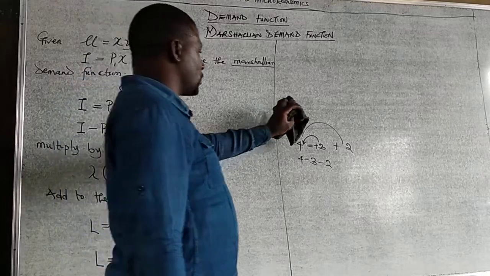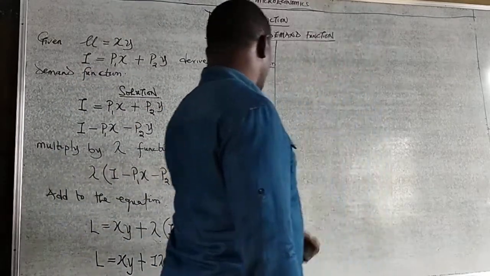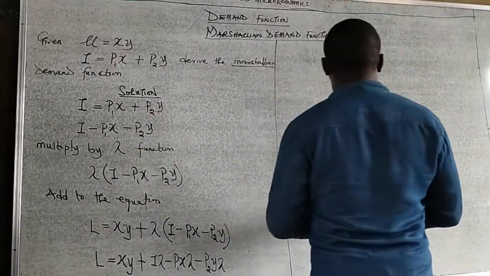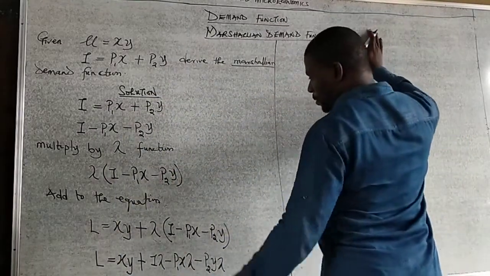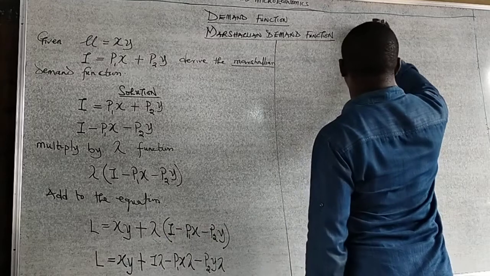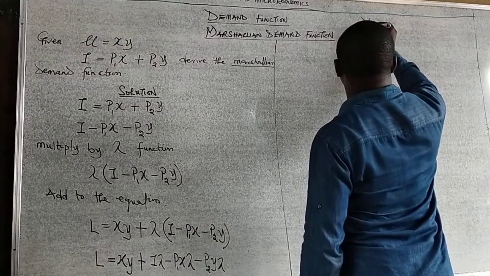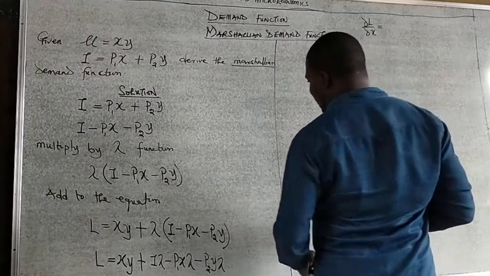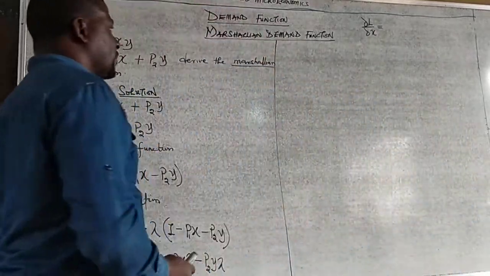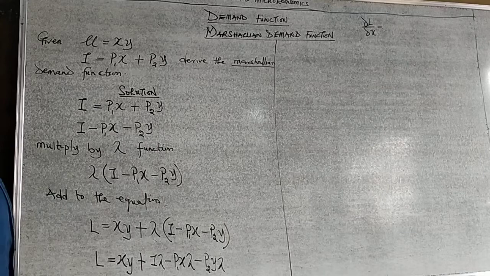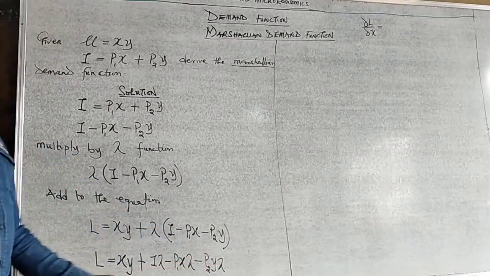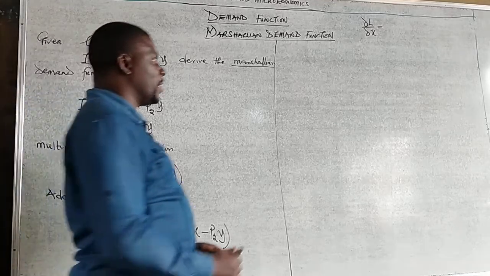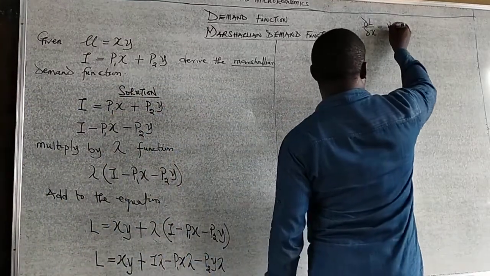So let's differentiate now. Let's differentiate with respect to x. So I find dL/dx. I want to differentiate anywhere you have x. I have x here. If I differentiate xy, what am I going to have? y.